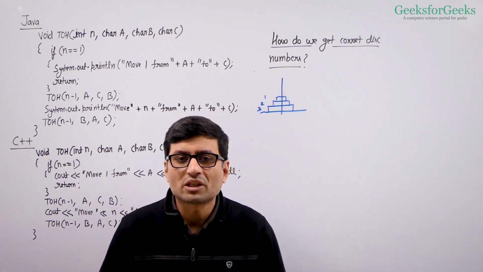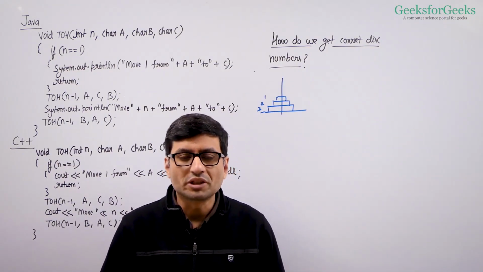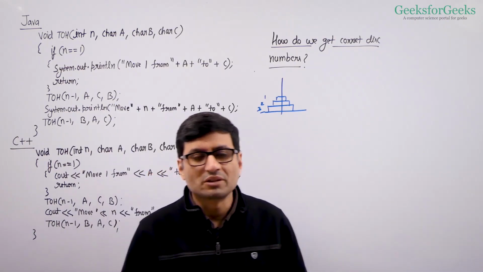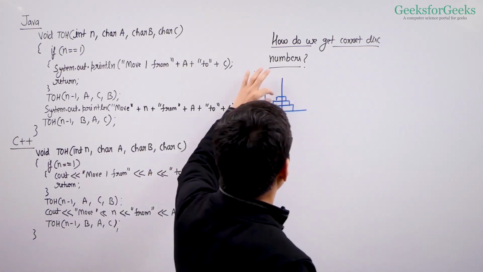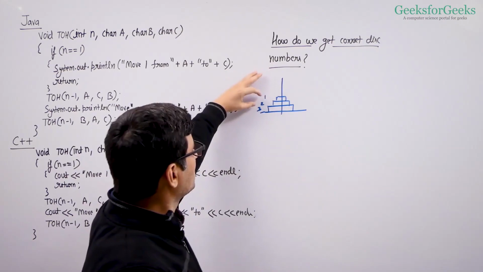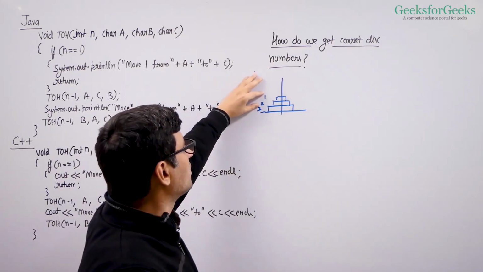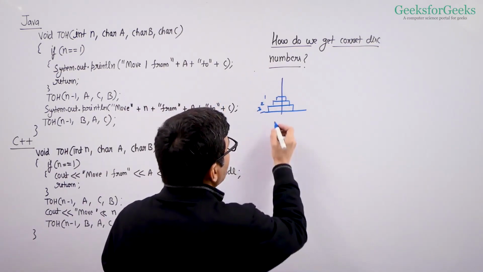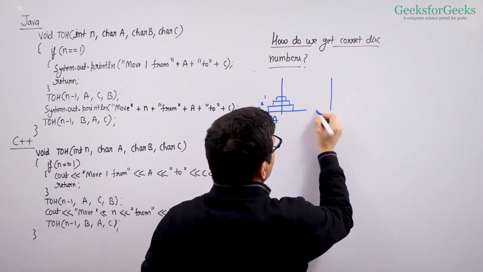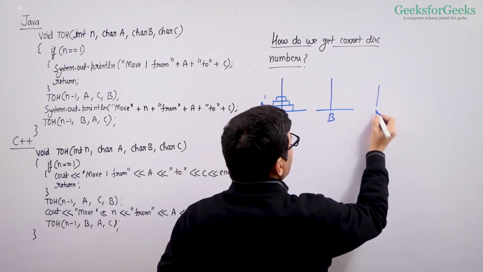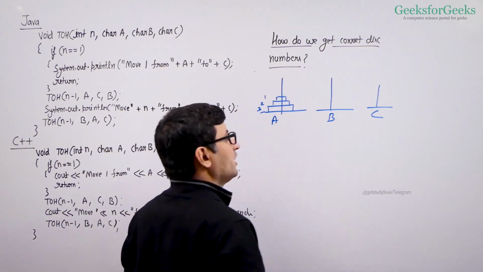Now how does this work correctly for n equal to 3? When n is 3, what will happen? You will make first recursive call for the top 2 disks. You will make a recursive call for 1 and 2. And in this recursive call, you will move these disks from A to B using C as an intermediate.